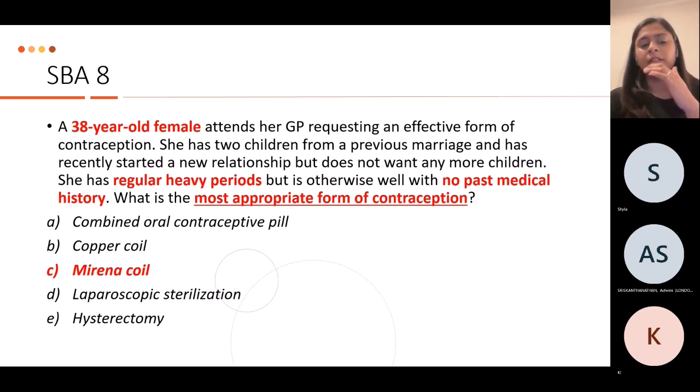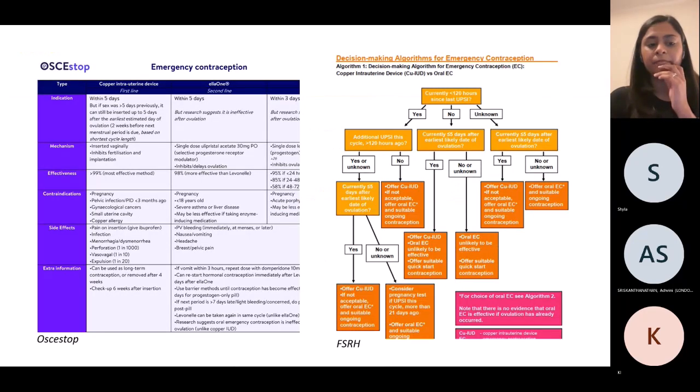The combined pill, because of her age, and we don't know about things like her BMI, we would probably err on the side of caution. And the copper coil, although absolutely fantastic as a form of contraception, would give her even heavier periods. If she's already got heavy periods, she probably wouldn't want that.